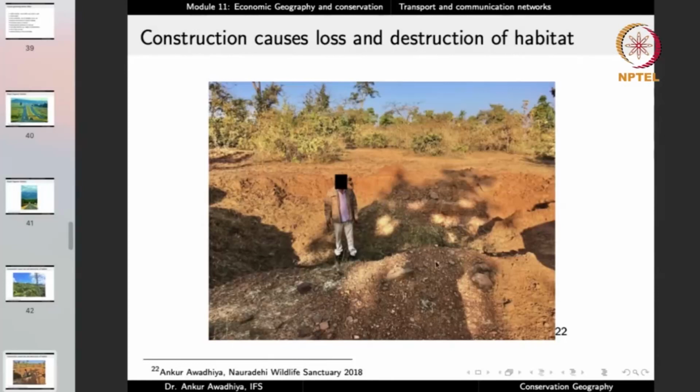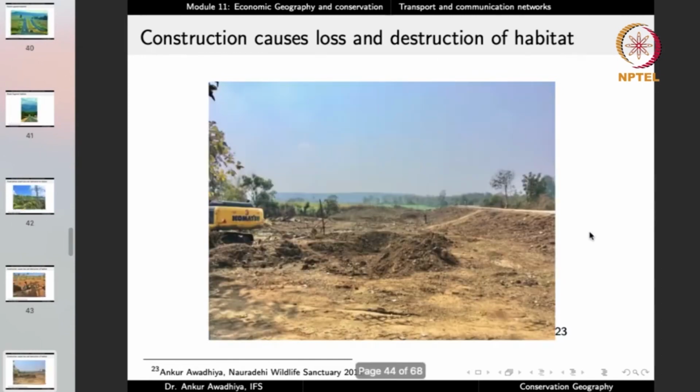It becomes especially important in the rainy seasons, because these pits can get filled up with water, and then nobody will be the wiser to know what is the depth of this pit. So they cause large scale loss and destruction of habitats. So the embankments become a problem and these pits also become a problem.